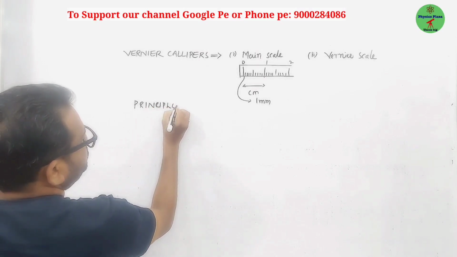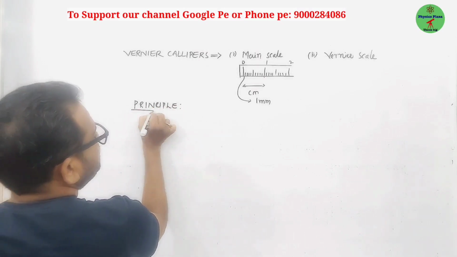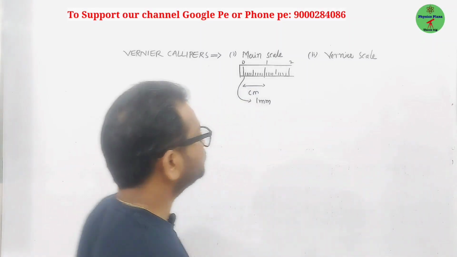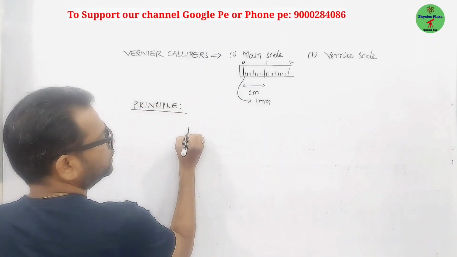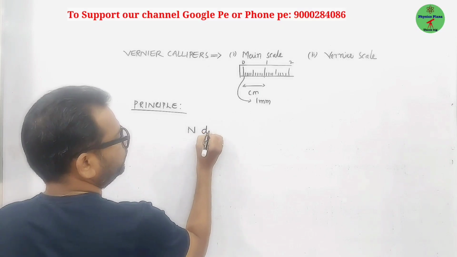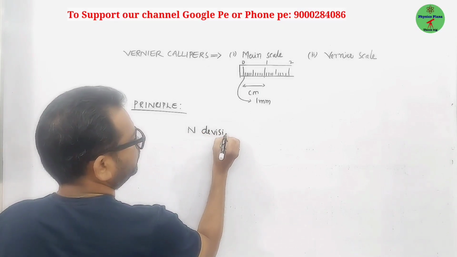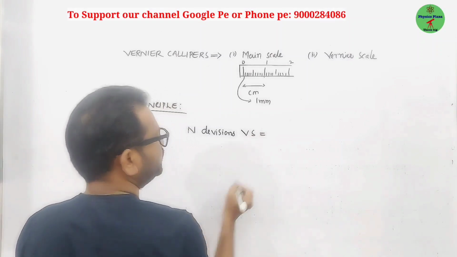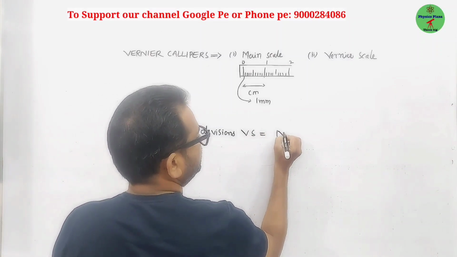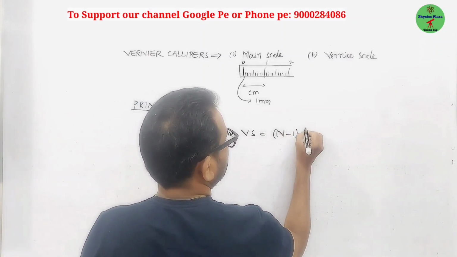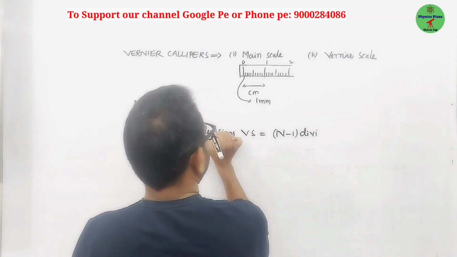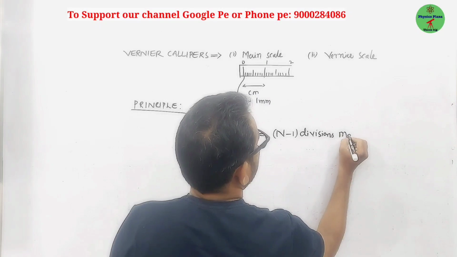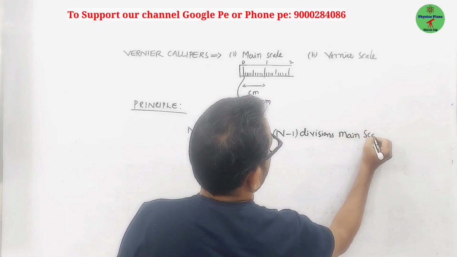Vernier calipers are designed in such a way, very important, that n divisions of the vernier scale are equal to n minus 1 divisions of the main scale.